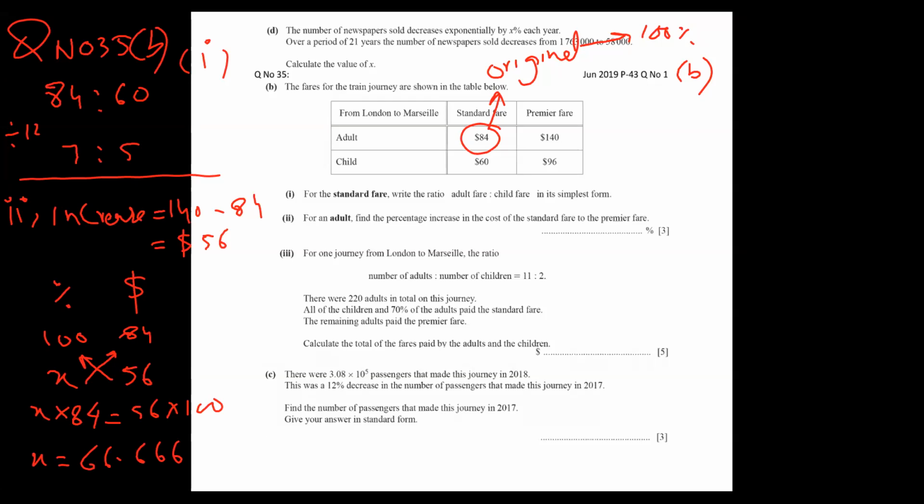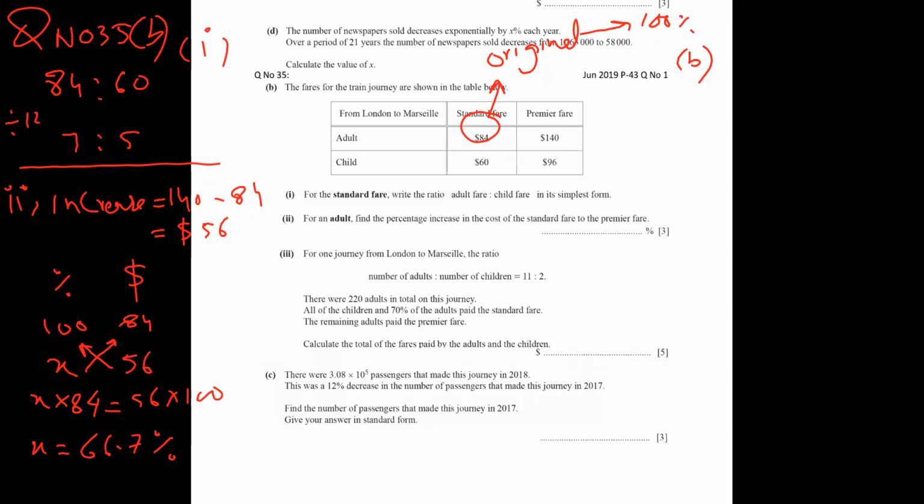The criterion: the digit I don't want is not bigger than 4, so add. So the answer becomes 66.7. This is my answer for the increase in percentage. Done, I finished my two parts.